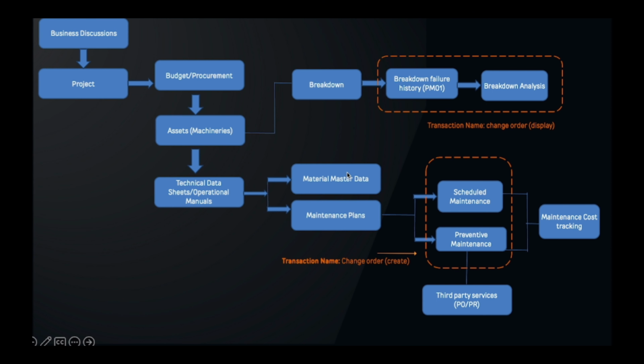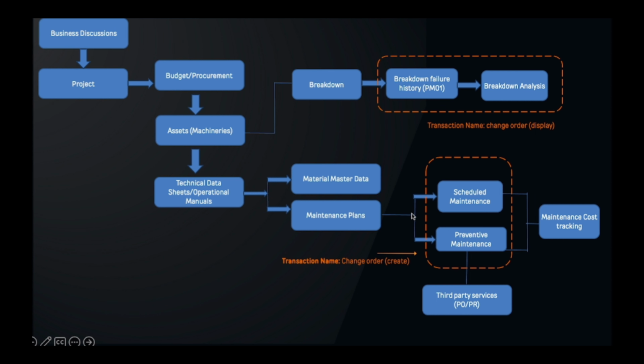So it is called material requirements planning, where the system automatically creates a purchase requisition, so procurement can convert that purchase requisition into a purchase order to get this material restocked immediately in the technical store. This is how SAP PM helps us to manage both materials and our maintenance plans.